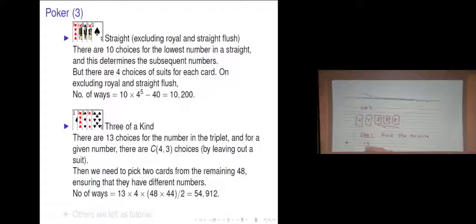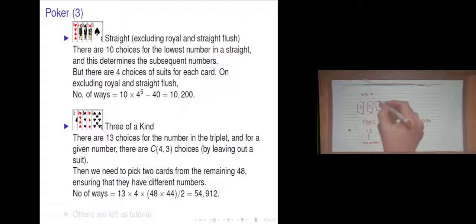So that is the possible numbers, right, because 8 is 1 among the 13. So you have from ace to 9, and also you have 10, jack. So you have 13, right? So this will be the number you fix, for example, the 8. And then not only that, you have spade, club, diamond, right?